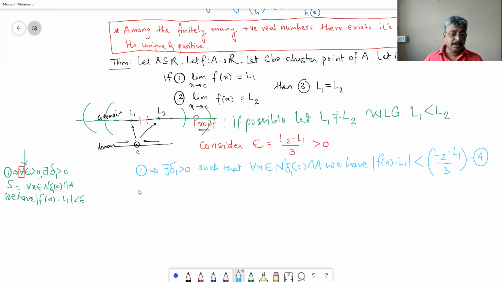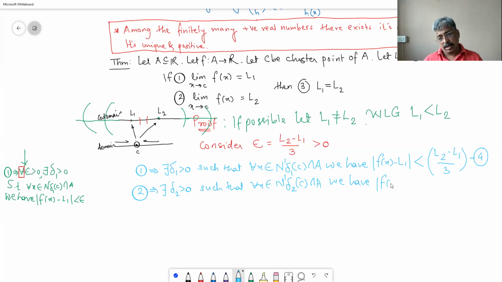I can write down what 2 implies. There exists delta 2 greater than 0 such that for every x belonging to deleted delta 2 neighborhood of C intersection A, we have |f(x) minus L2| is less than (L2 minus L1) upon 3.